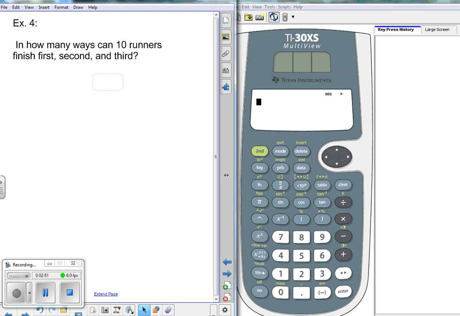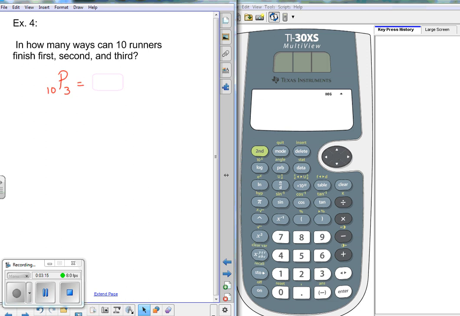So take a look at number 4. In how many ways can 10 runners finish first, second, and third? So 10 people are starting the race, but only 3 of them will get a finishing place. And so this is a permutation. Races, things that have a place, are permutation. So you put a big capital P. You always put how many things you start with for it, and then how many matter when you're done. So 10 people will start, but only 3 will finish.